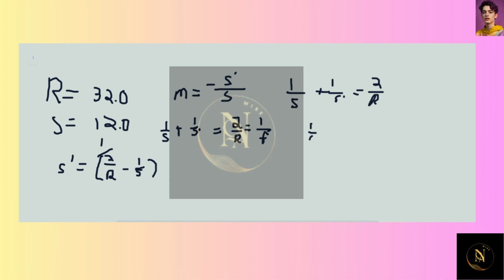So we get 1 over s prime equals 2 over r minus 1 over s. Sorry, bad writing here. Now, invert it so we get 1 equals the quantity 2 over r minus 1 over s, times s prime.